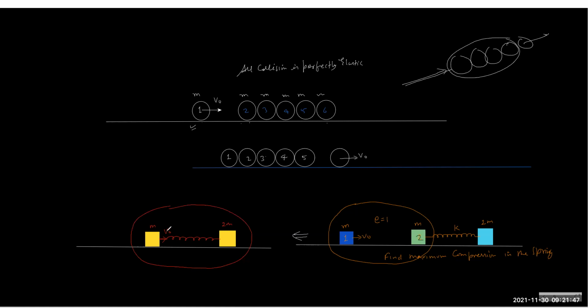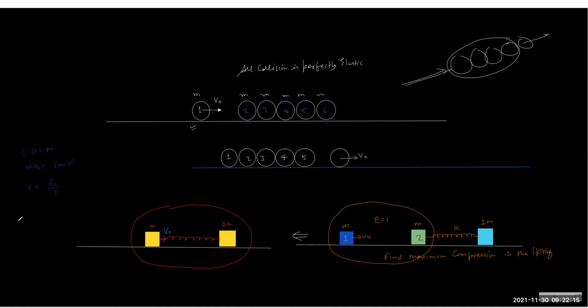So what is the maximum compression? I hope you remember this situation. At maximum compression, they move with the same velocity, towards the right. So mv naught equals 3mv, which means v equals v naught by 3.